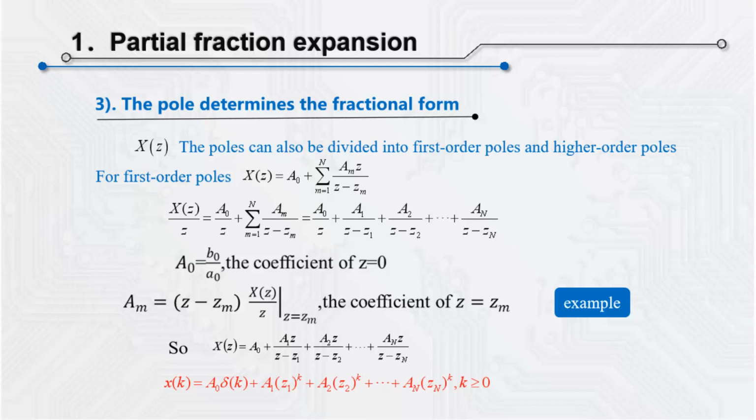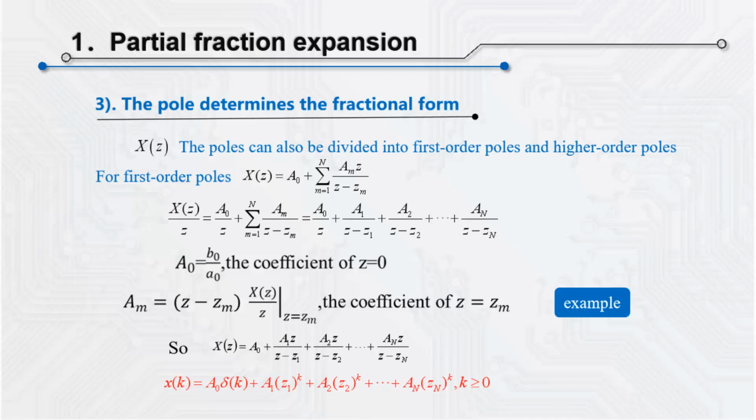Am is equal to z minus the corresponding pole times X of z over z. Then we let z equal zm. The value at this point, our corresponding pole zm, is the coefficient of partial fraction expansion at this time.